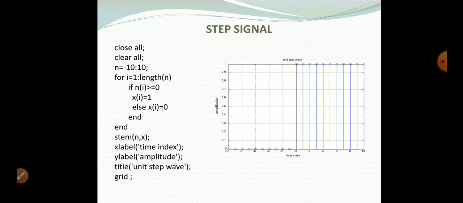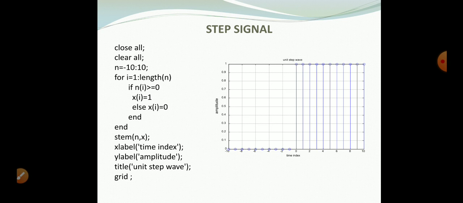To plot that figure, we have to write a for loop: for i equal to 1 to length of n. Length of n means the length of the duration, the length of the x-axis, that is, how long we have to plot the step signal.